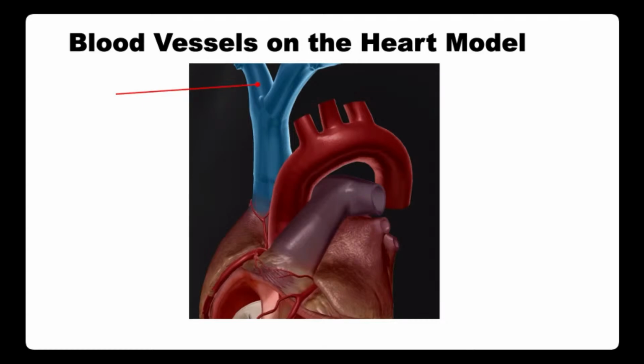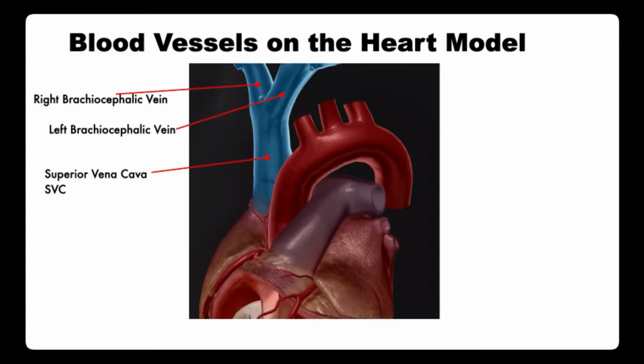What's this structure here? What vessel is this? That's right. That's the right brachiocephalic vein. Good. Let's keep moving. How about here? Yes. Left brachiocephalic vein. Okay. Here? That's right.